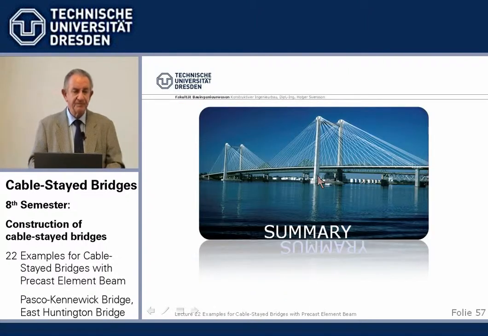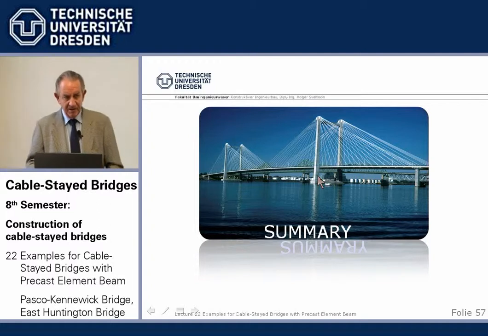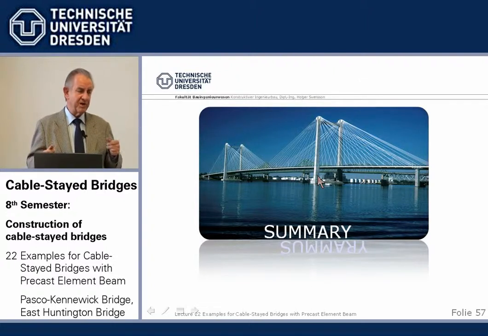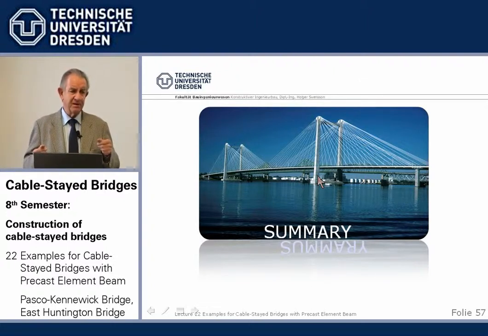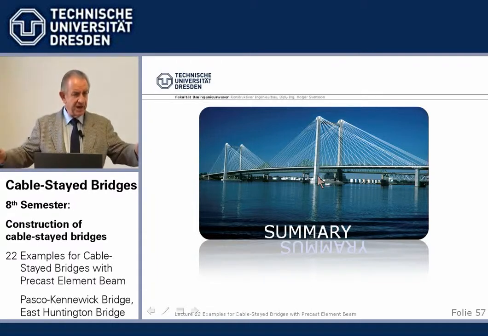Now, construction of cable-stayed bridges with precast element beams. The advantage of precast elements is that you can have very high concrete quality, cast under controlled conditions, can easily build a shed around in adverse weather and so on.